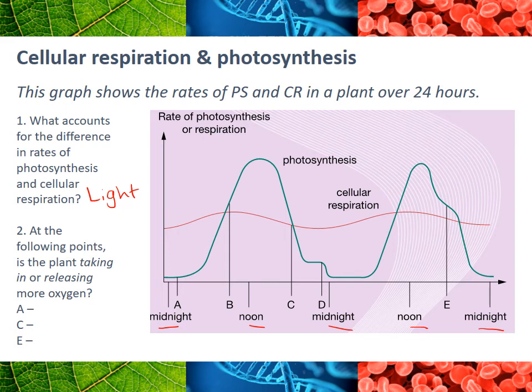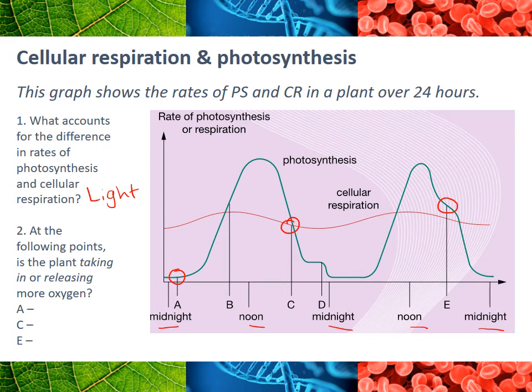Okay, now this question might take a minute or so to figure out. So at each of the following points, so A, C, and E, is the plant taking in or releasing more oxygen?